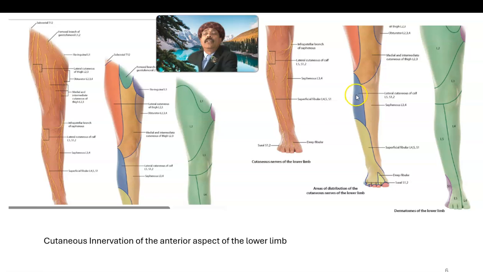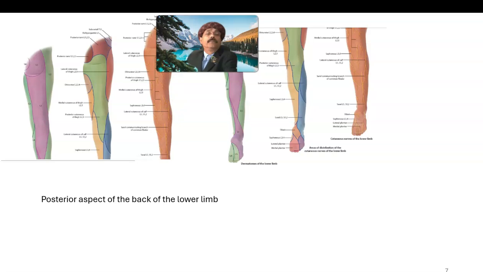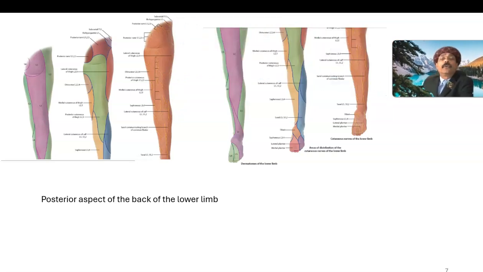Okay. This side is getting cutaneous innervation by the lateral cutaneous nerve of the calf here. From here, we get the cutaneous innervation. Posteriorly, we have a very long cutaneous nerve, the posterior cutaneous nerve of the thigh, root value S1, S2, S3.